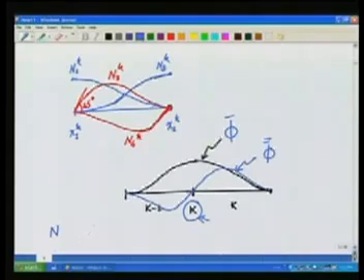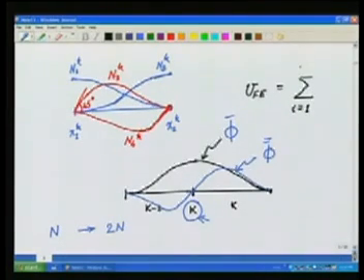So if I have n nodes, then there will be 2n such functions. So my generic approximation in this case, I can write that V finite element for an n noded mesh is sum i equal to 1 to 2n alpha i phi i.